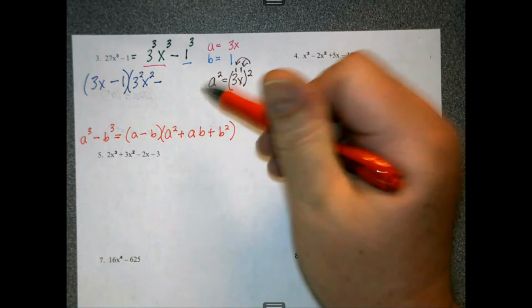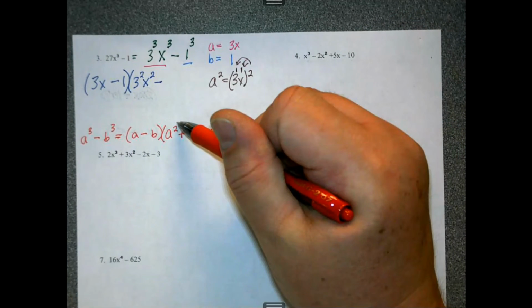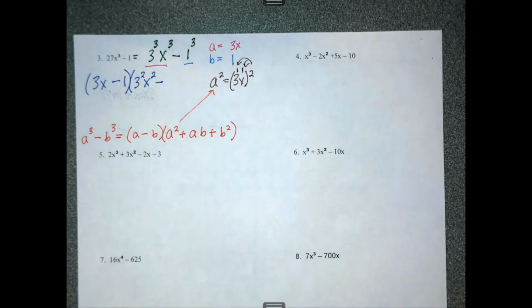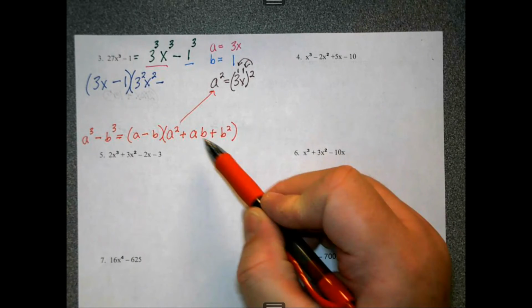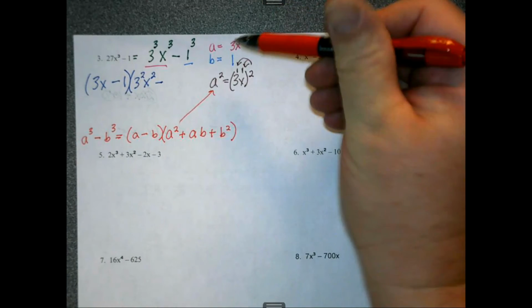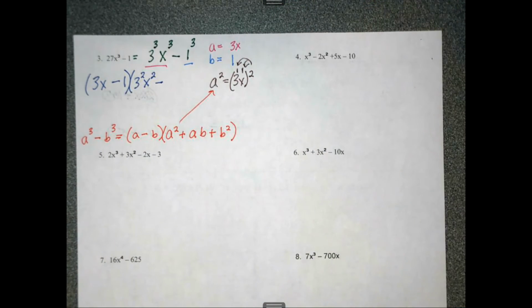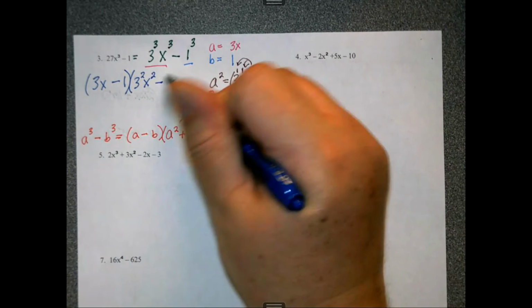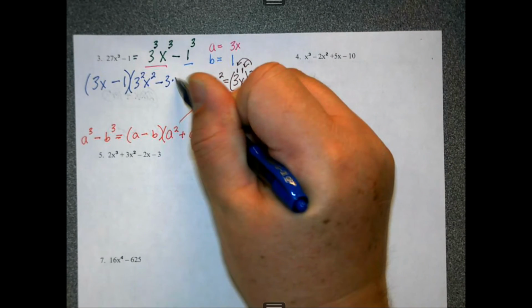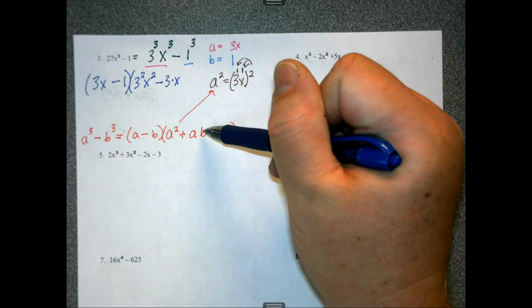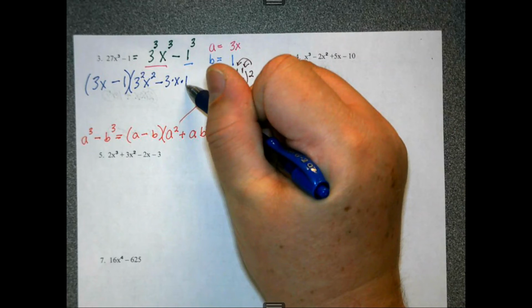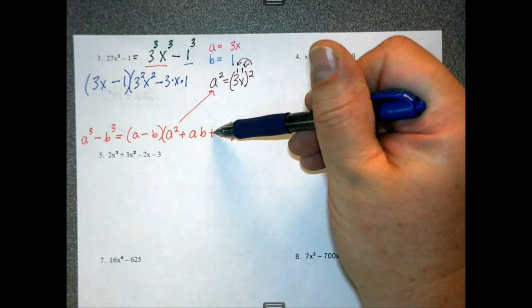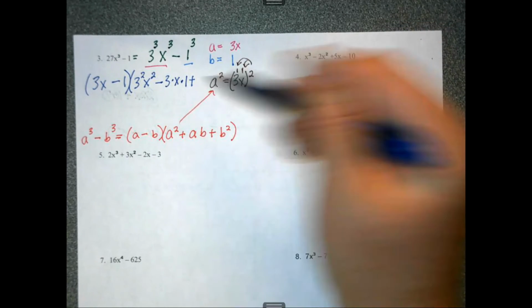Okay. So Aiden, we're doing a squared. Now the next one is a times b. So we're going to take our a, 3x, and then we're going to multiply it by b, which is 1. Add b squared.